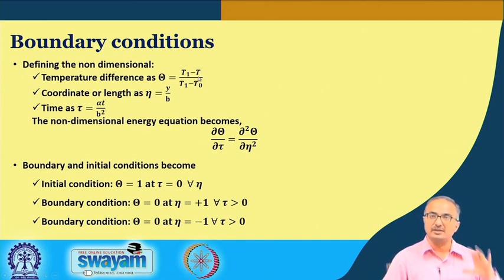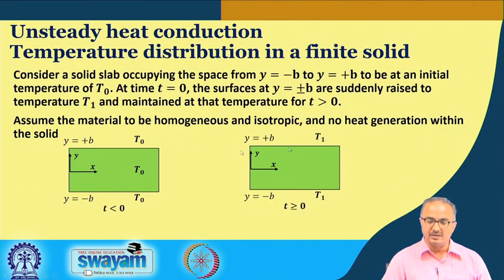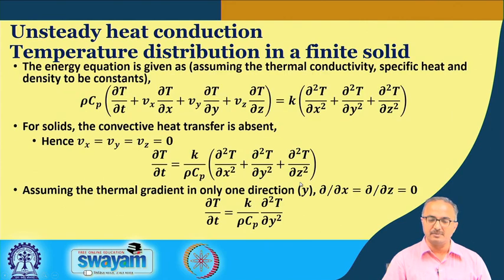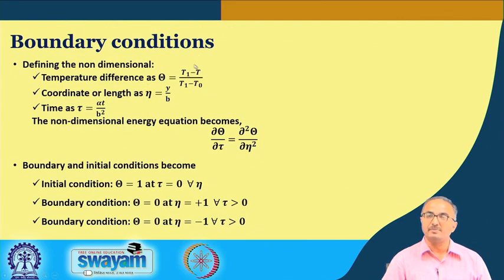You have given the temperature T1 at these two surfaces, at plus b and minus b. So, you put the T1 temperature over here, and you find theta reduces to 0. At the midpoint, this is not the midpoint, this is the other end, that is at minus b and plus b, you find that theta equal to 0.